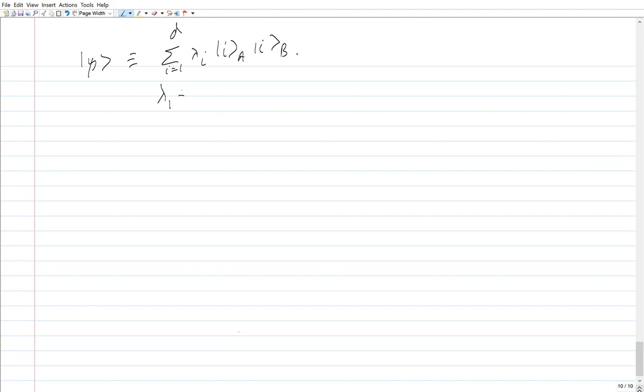So let me say lambda 1 is 1 and lambda i is 0 for all i not equal to 1. Then my state is just |1_A>|1_B>, and this is a product state.